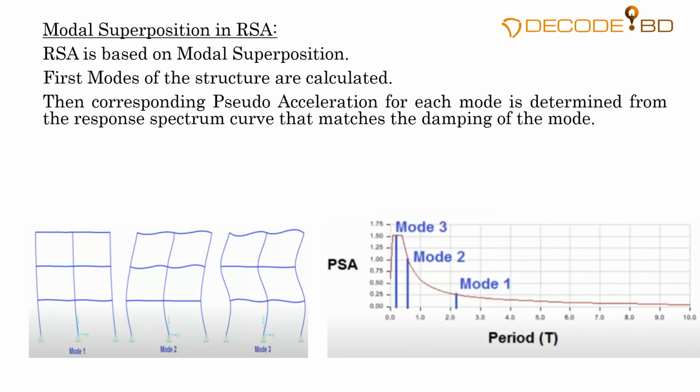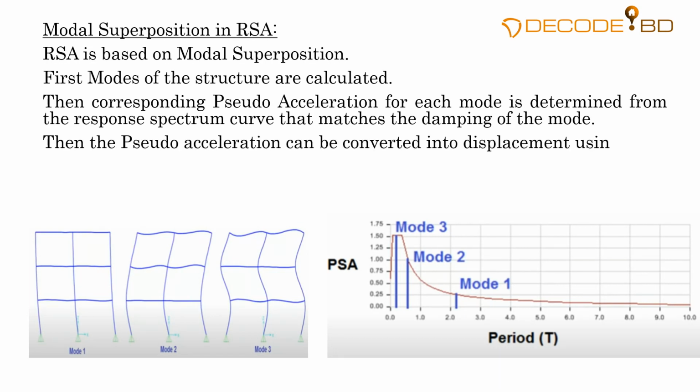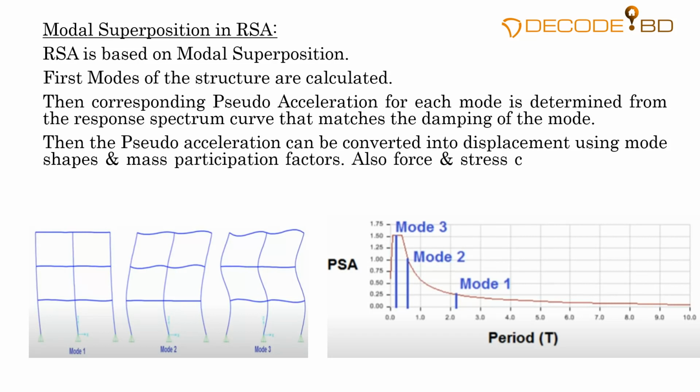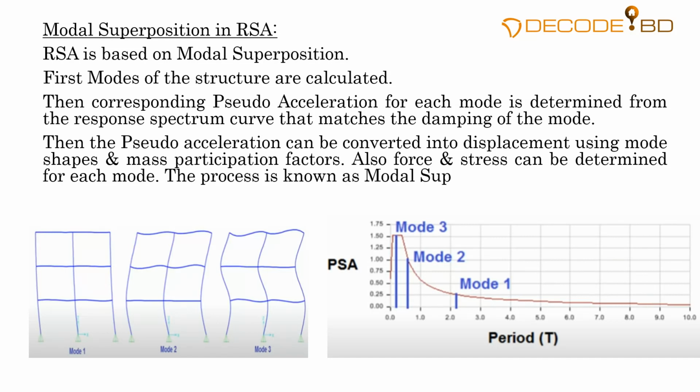Here in the figure, pseudo acceleration for mode 1, mode 2 and mode 3 are determined. Then the pseudo acceleration can be converted into displacement using mode shapes and mass participation factors. Also, force and stress can be determined for each mode. The process is known as modal superposition.